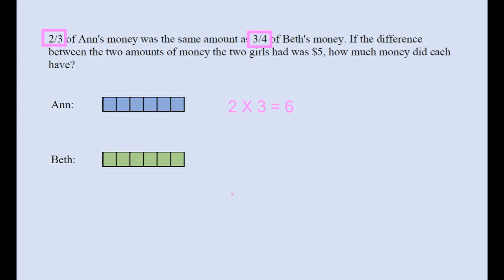Now that I have cut Ann's amount into 6 equal pieces and Beth's amount into 6 equal pieces, I can easily compare the two amounts in a fairly convenient manner. So what do I have here? These 3 squares must now represent Ann's 1/3, and these 2 green squares must now represent Beth's 1/4.